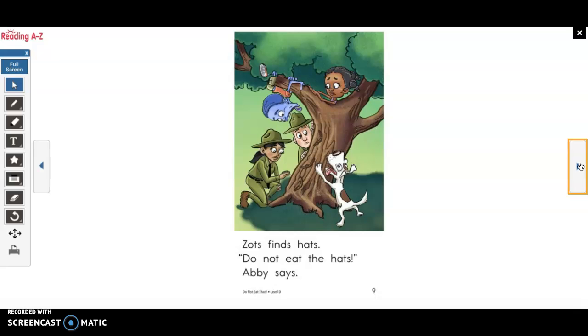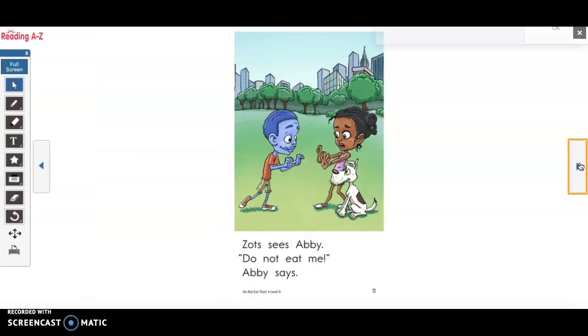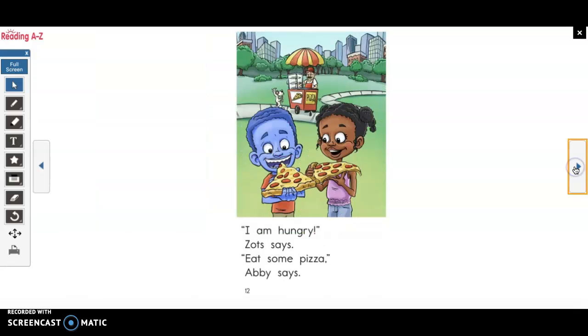Do not eat the hats, Abby says. Zotz finds bikes. Do not eat the bikes, Abby says. Zotz sees Abby. Do not eat me, Abby says. I am hungry, Zotz says. Eat some pizza, Abby says.